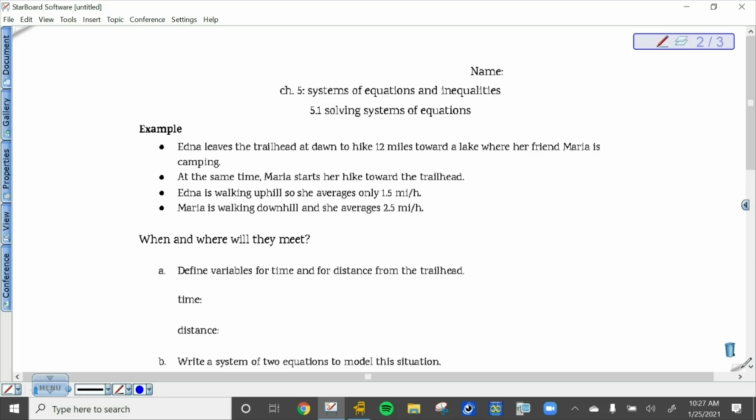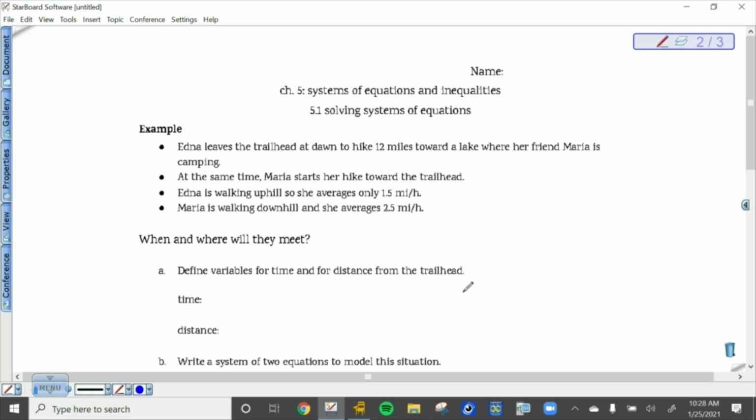Edna is walking uphill, so she's only walking 1.5 miles per hour. Maria is walking downhill, so she's walking 2.5 miles per hour. So Maria is walking faster than Edna. We want to find out when and where they're going to meet.